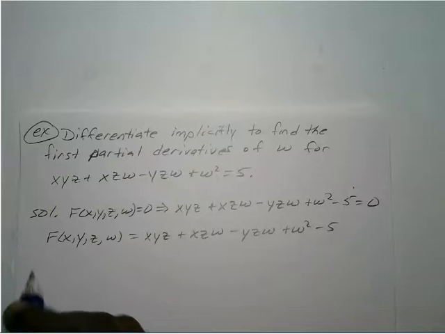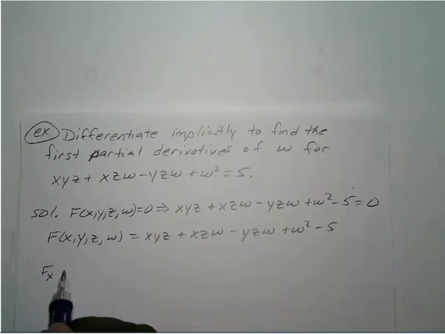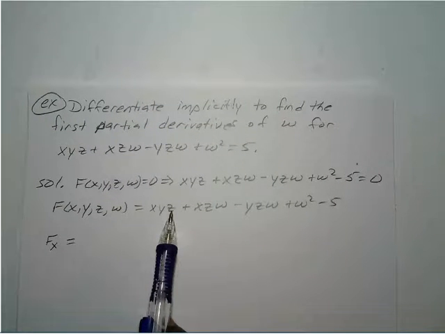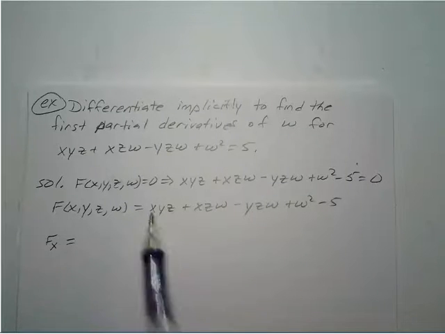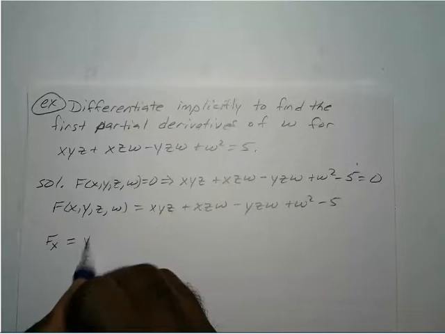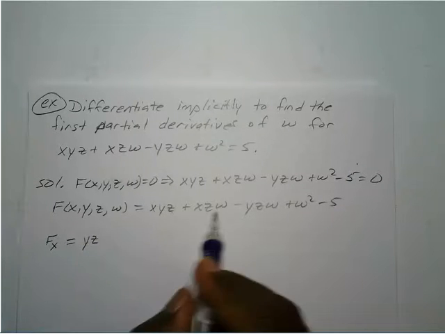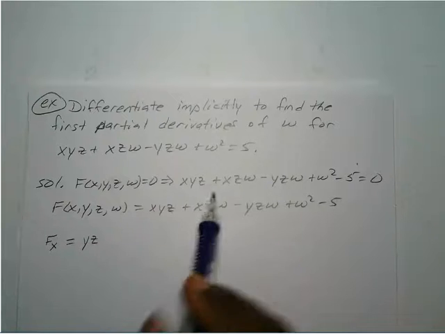All right, so we just have to find our partial of f with respect to x. Here the y and z are considered constants, so they'll go out to the front. Derivative of x is just 1, so 1 times yz is just yz. Plus, again, the z and w are considered constants, so they go out to the front.